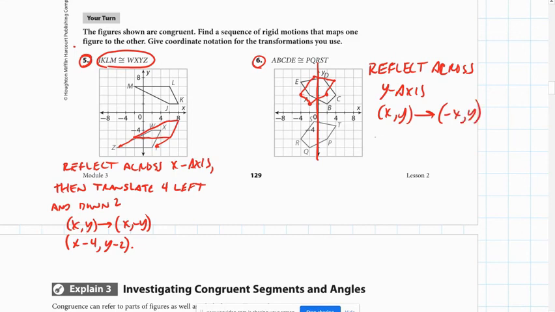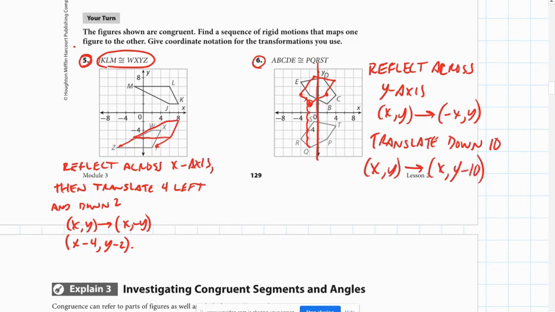And then we translate straight down. Let's see, it's by 2's again. So it's easiest if we look right here at this point. B goes down 2, 4, 6, 8, 10. So translate down 10. And so that's going to be (x, y) gets sent to (x, y - 10).